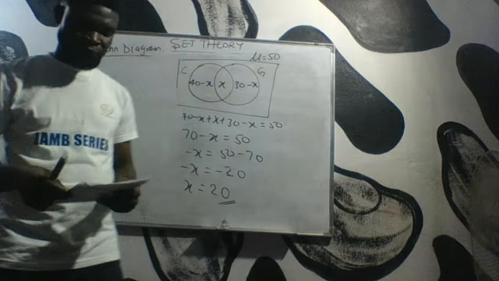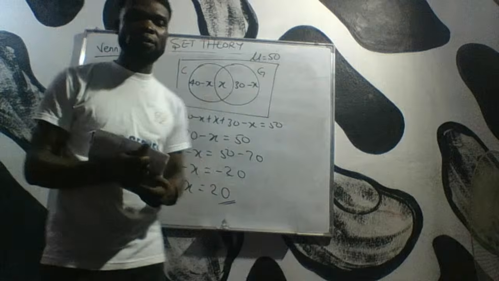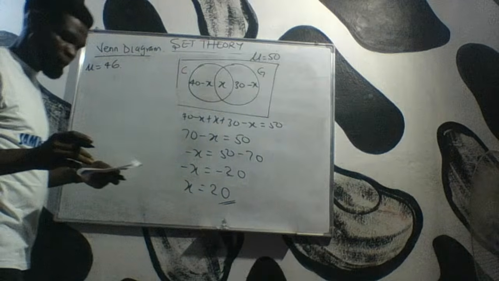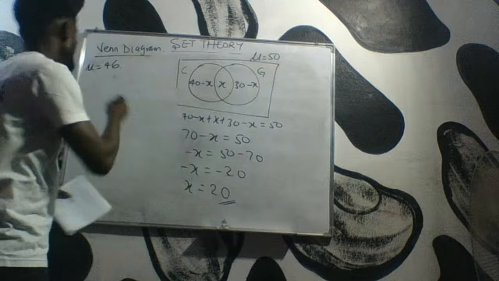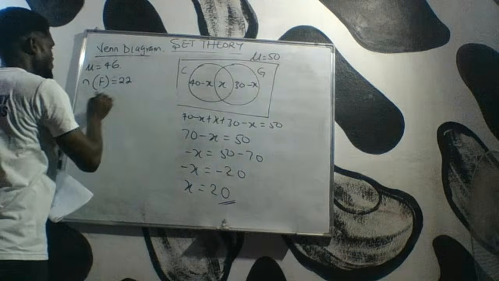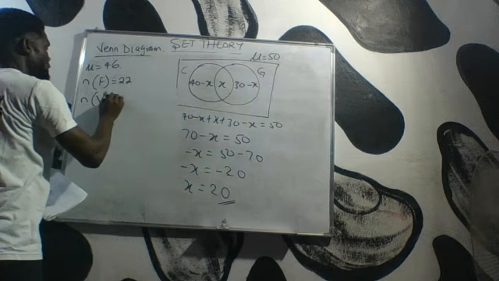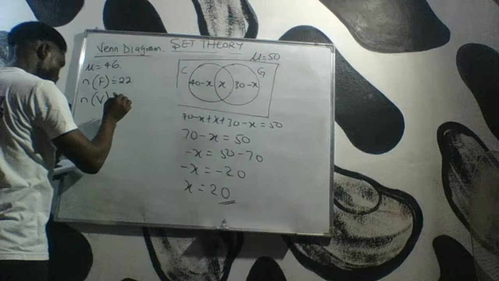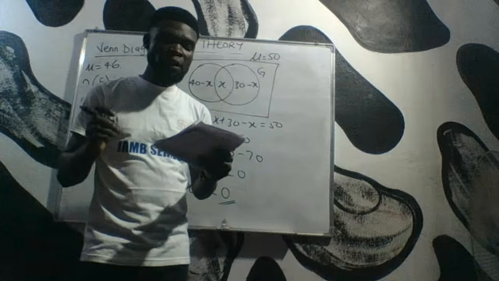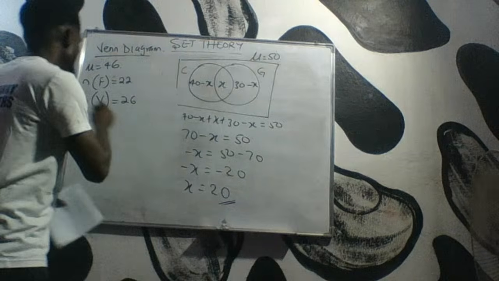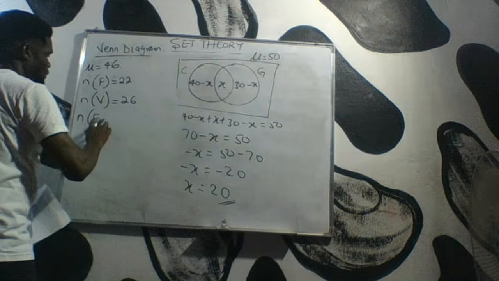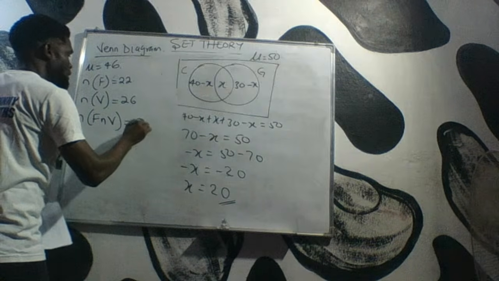Here is the instruction. There are 46 students in a class. As I said, the universal set is 46. 22 play football, so the number that play football is 22. The number that play volleyball is 26. If three students play both games, the number that play football and volleyball is 3.